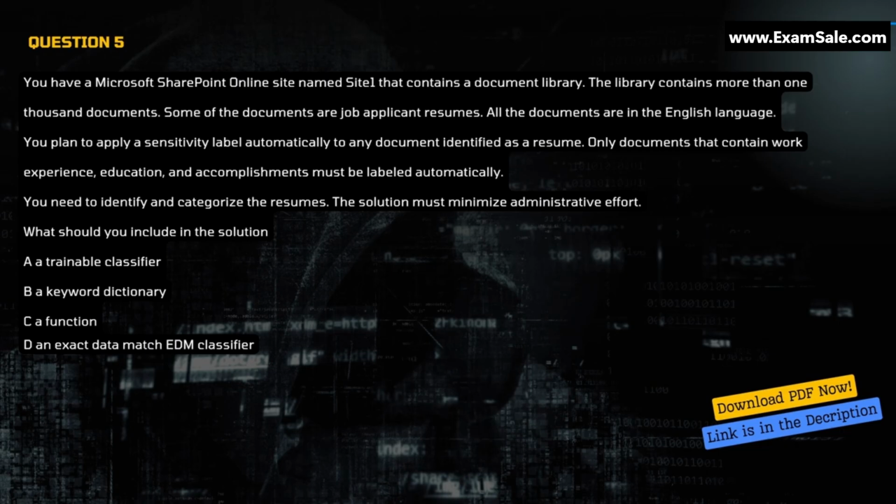Only documents that contain work experience, education, and accomplishments must be labeled automatically. You need to identify and categorize the resumes. The solution must minimize administrative effort. What should you include in the solution? A. A trainable classifier. B. A keyword dictionary. C. A function. D. An exact data match, EDM, classifier. Correct answer is A.